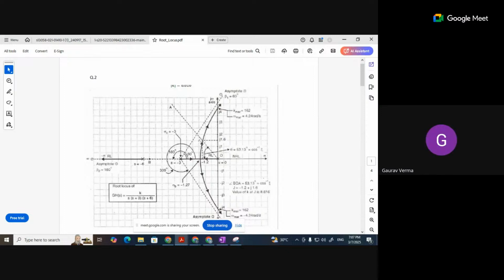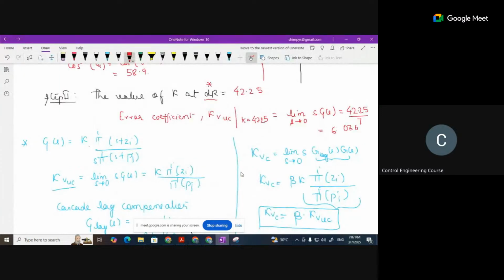Last time we did this problem, the very first problem for root locus, because I knew that we'll be using it in the design. That is minus 1.2 and j 1.6. You can go to the previous lecture and check how to find out the value of k, right? Thank you, ma'am. Done?